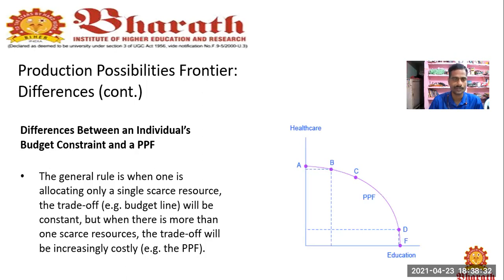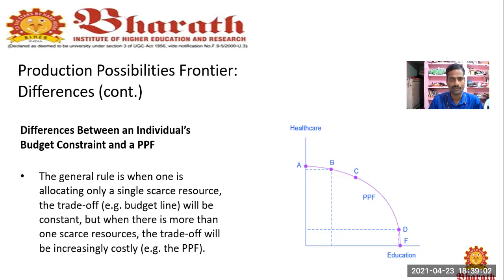Differences between an individual's budget constraint and the production possibility frontier. As an individual, we have a budget constraint. We earn monthly 10,000 rupees, for example. We have to spend at least 7,000 for necessary or basic needs, and we can't spend more on comforts or luxuries.